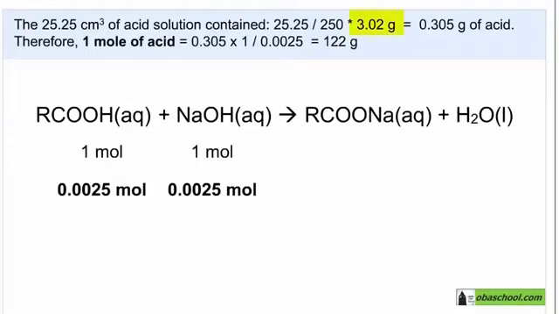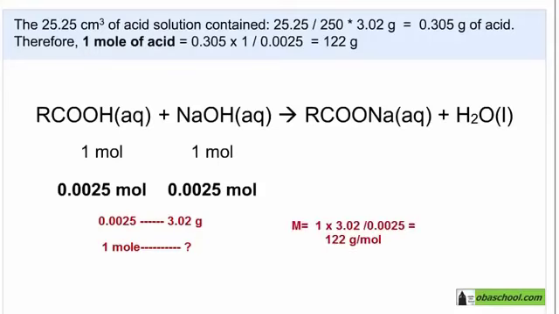What is the mass of 1 mole of acid solute? It is equal to the molar mass. We can cross-multiply. Thus, the molar mass is equal to 22 grams per mole.